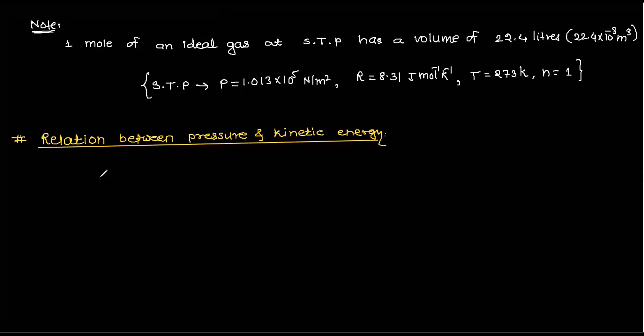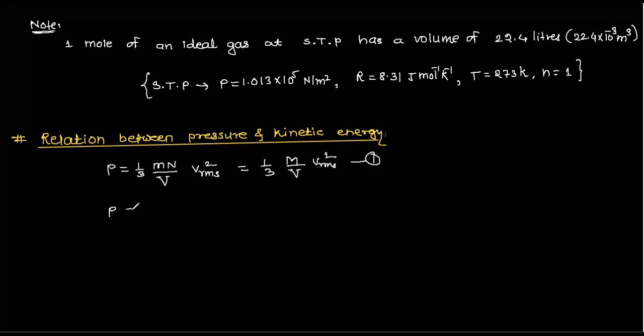Okay, so see, now we know pressure P is equal to 1 by 3 m n by phi, this is volume, into v RMS whole square. That is equal to 1 by 3 capital M divided by phi into v RMS whole square. Let us suppose this is your equation number 1.